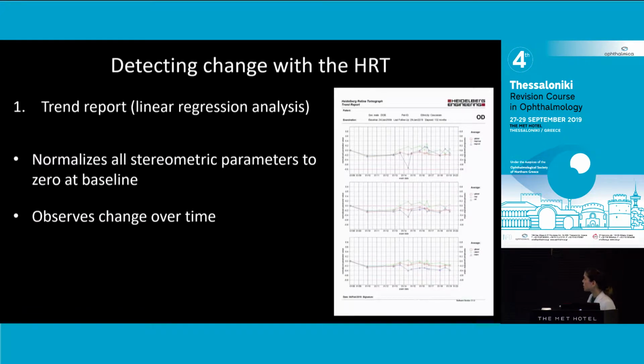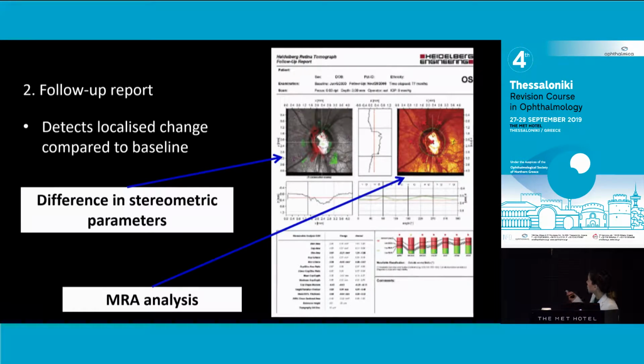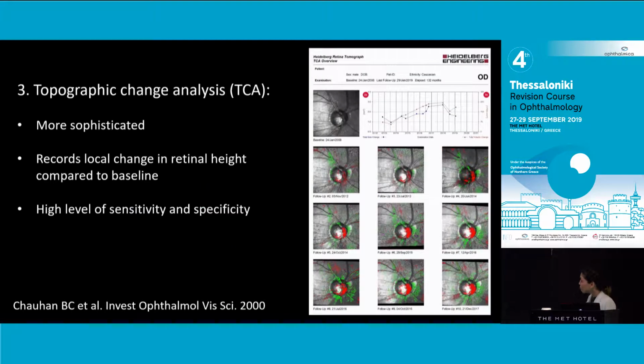Detecting change with the HRT, there are very sophisticated graphs that probably nobody reads. And then you get change probability maps with red highlighting the change. But the most useful analysis with the HRT, if you use it, is the topographic change analysis.